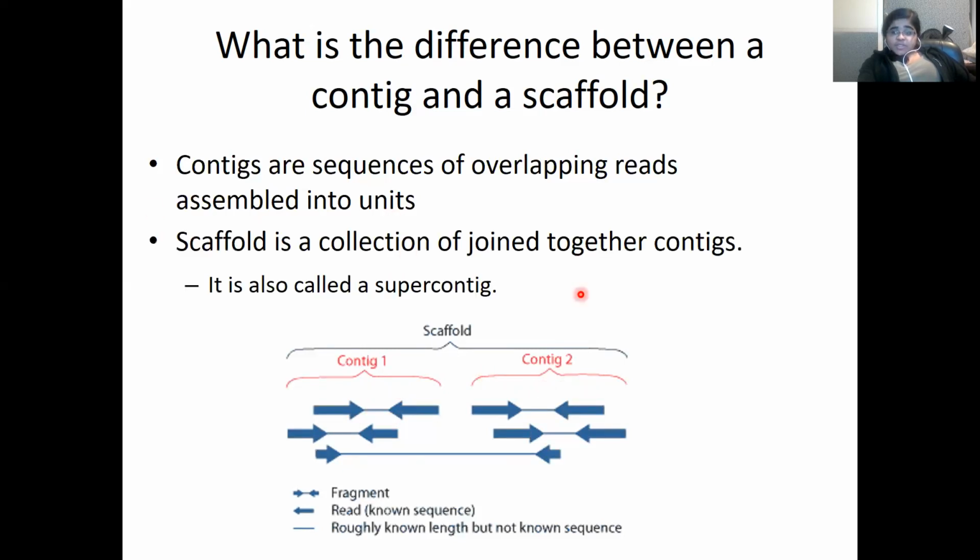Whereas scaffolds are a collection of contigs, right? So contig 1, contig 2, they come together, they become a scaffold. This is why they're also called supercontigs, because two or more contigs can join together.